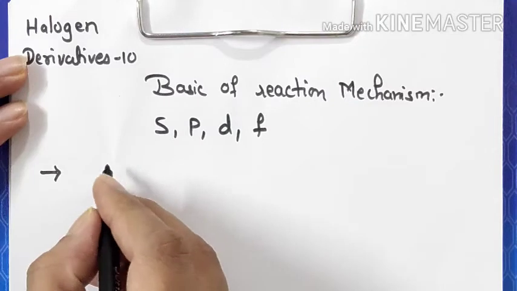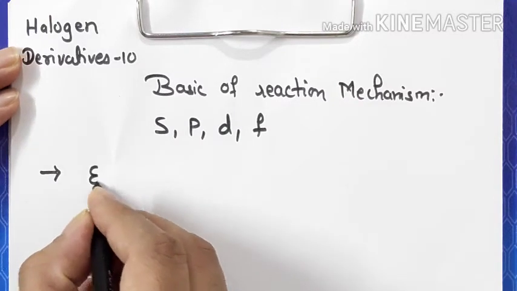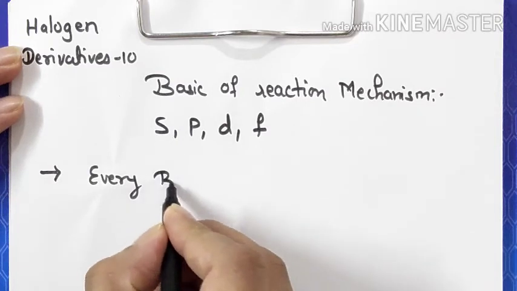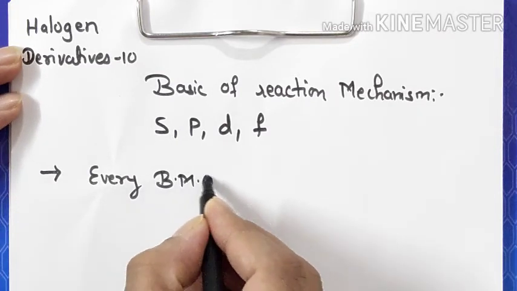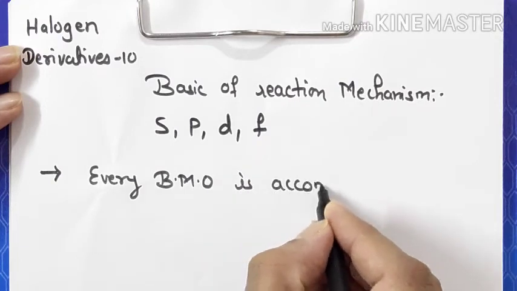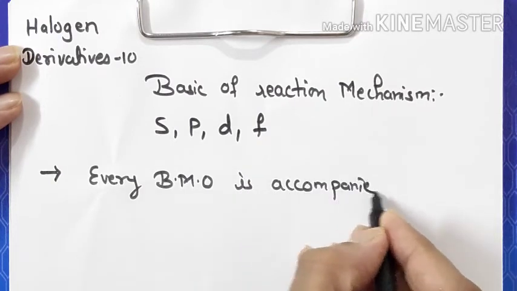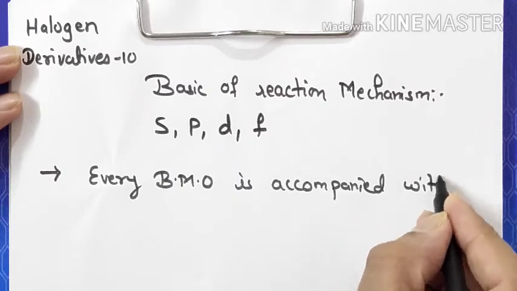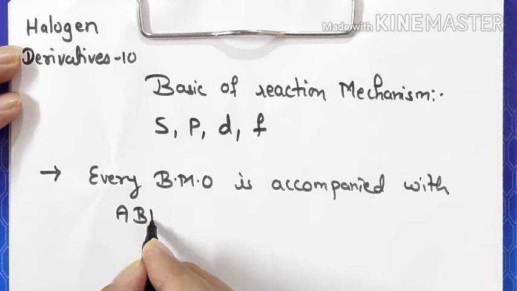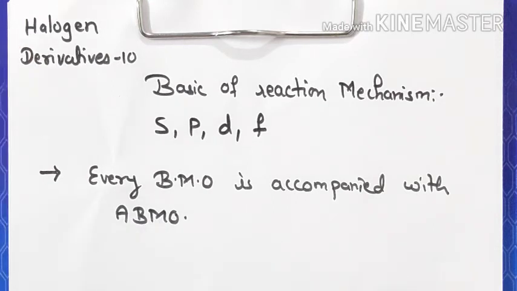I'm writing one thing. See what I'm writing. Every bonding molecular orbital is accompanied with an anti-bonding molecular orbital, right?